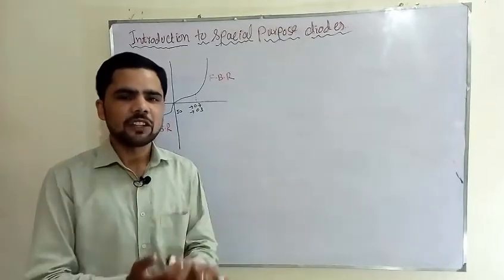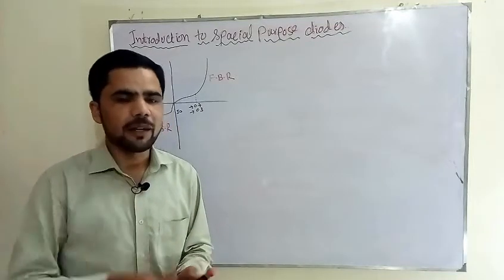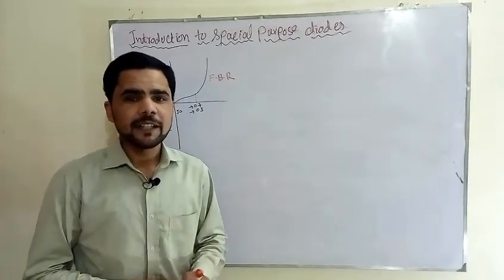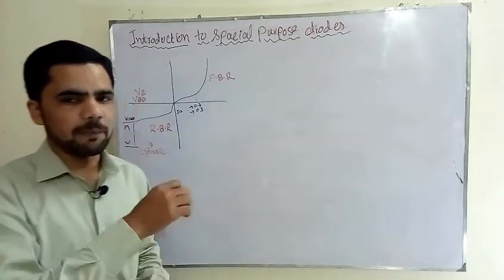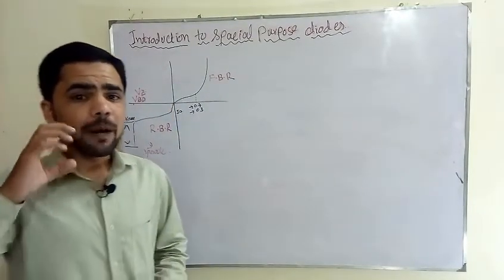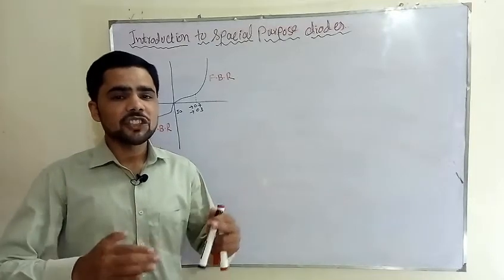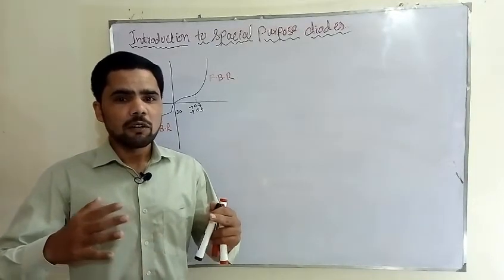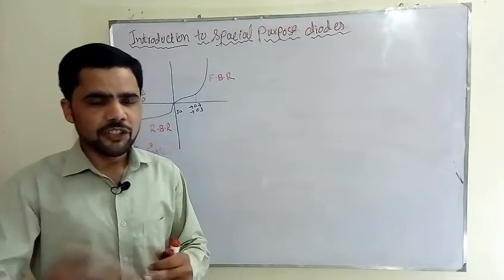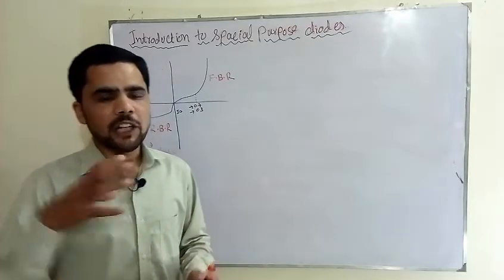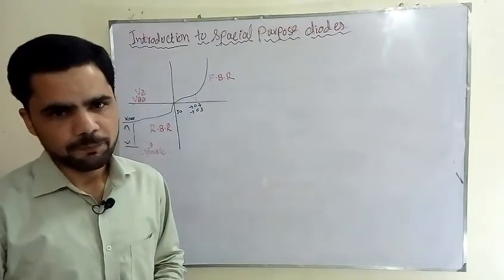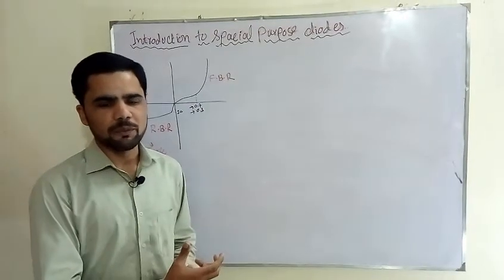When the resistance is very small, power dissipation happens here, and there is a higher chance that the diode may be damaged. So how do we remove this problem?